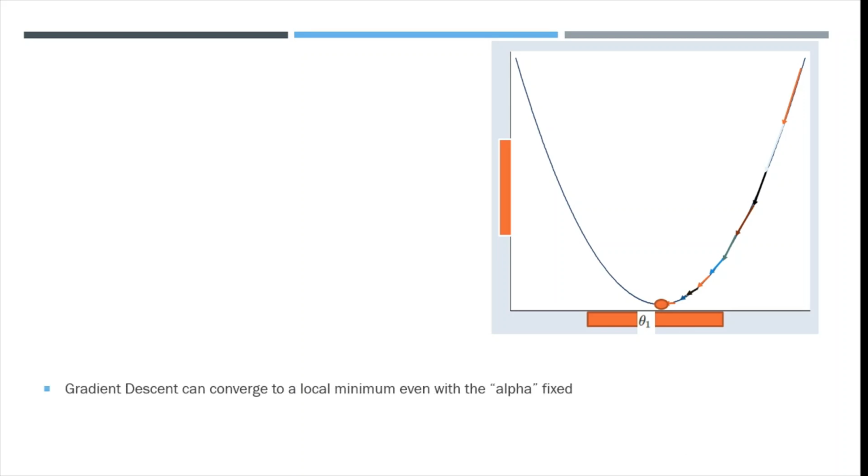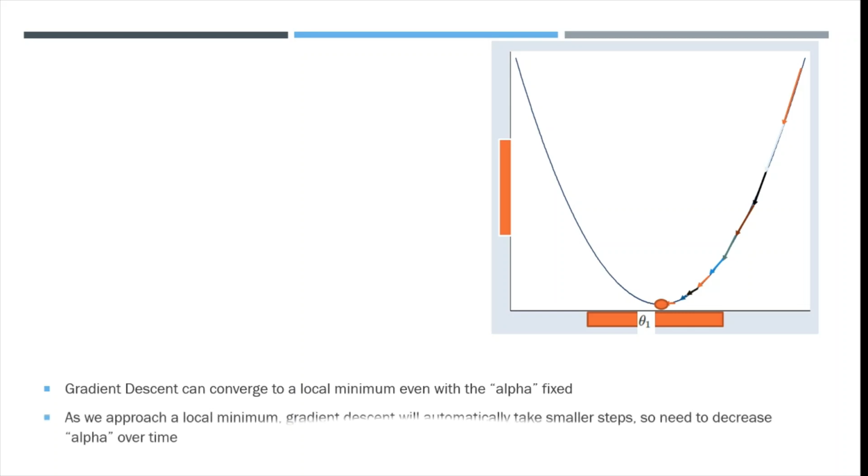The gradient descent can converge to the local minimum even if alpha is fixed. As you approach the local minimum, as you already saw in the visualization, the gradient descent will automatically take smaller steps. So no need to decrease alpha over time.